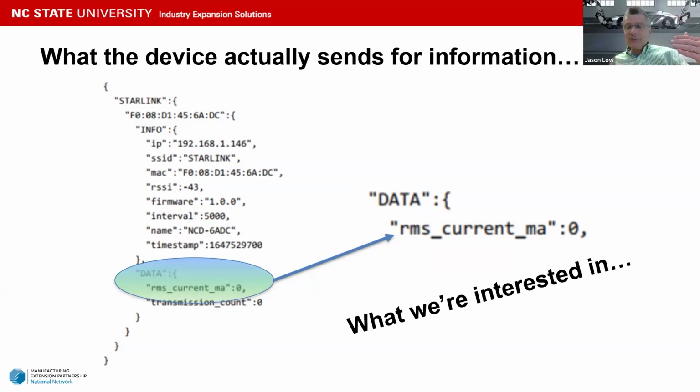In this case, there's a lot of network information that we see streaming from this. But the important data that comes from this particular device is the current, right? That is the measure that I want to capture or translate into energy usage.